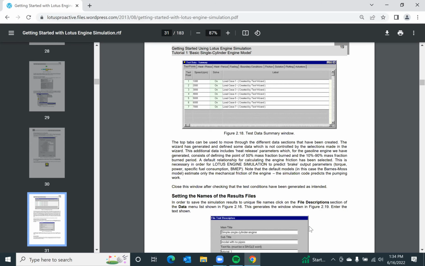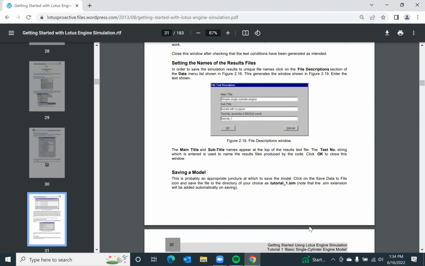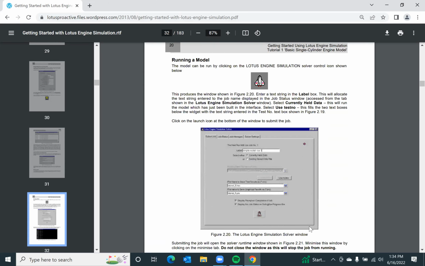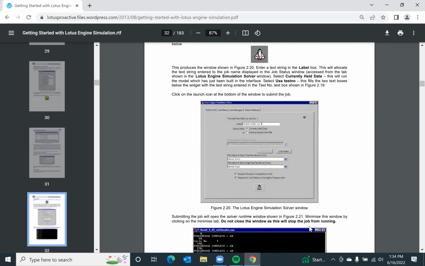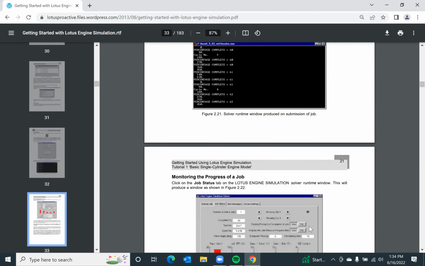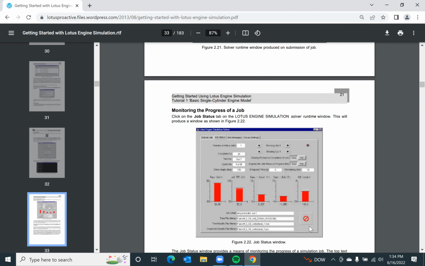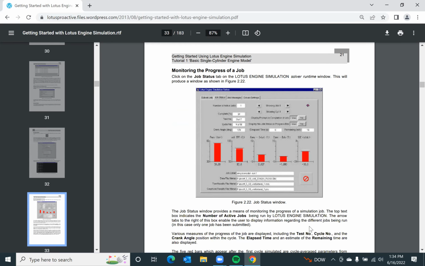And at the end, you'll get the results, and those results can be saved in a file or in a database. That database can be accessed for viewing, and then you can visualize the results. It will tell you how the engine performed.